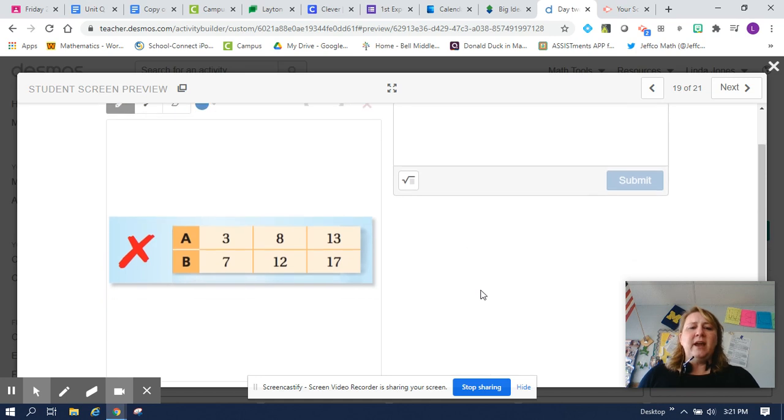Next problem, find the error. Love these problems. What can possibly go wrong? What is happening from 3 to 8 and then from 8 to 13? And 7 to 12 and 12 to 17?